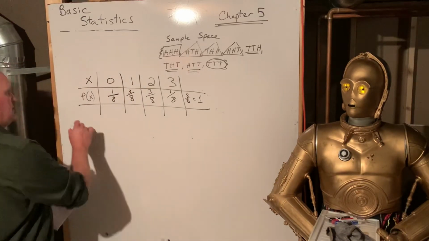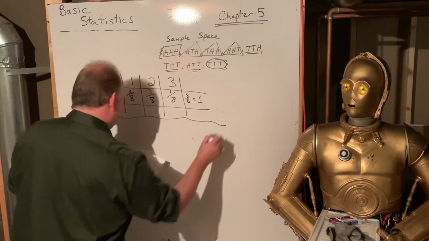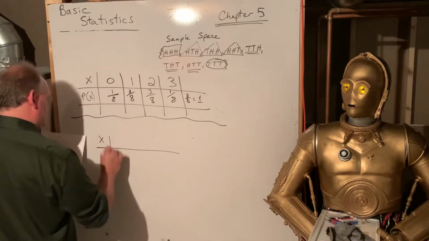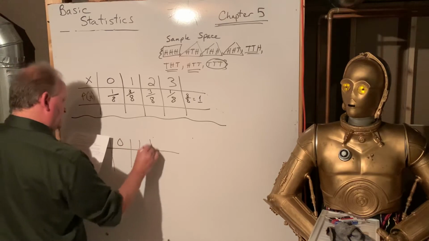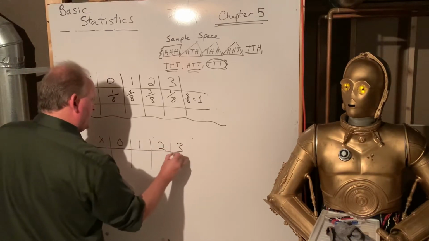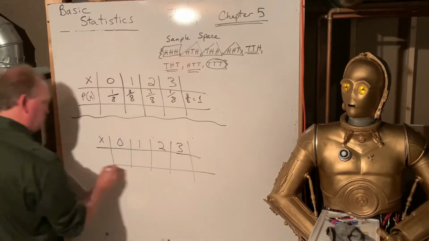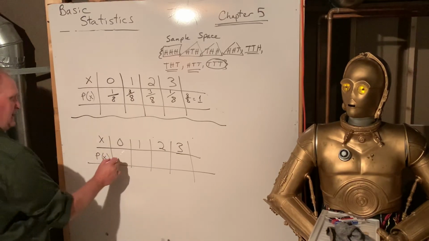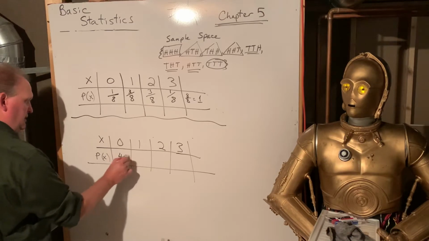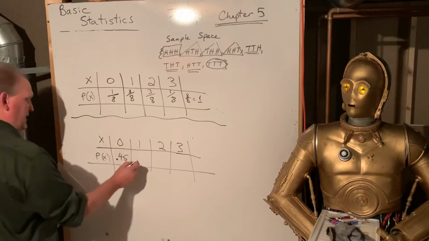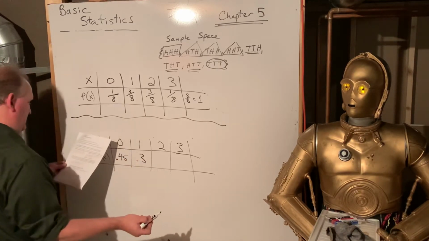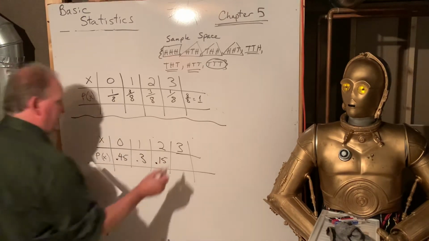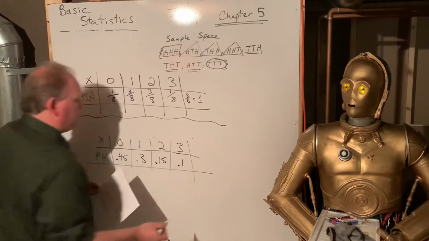Okay, so let's do that. Go into the bookstore. Probability you buy none, you just look, 45%. Probability you buy 1, 30%. Probability you buy 2, 15%. Probability you buy 3, 10%.